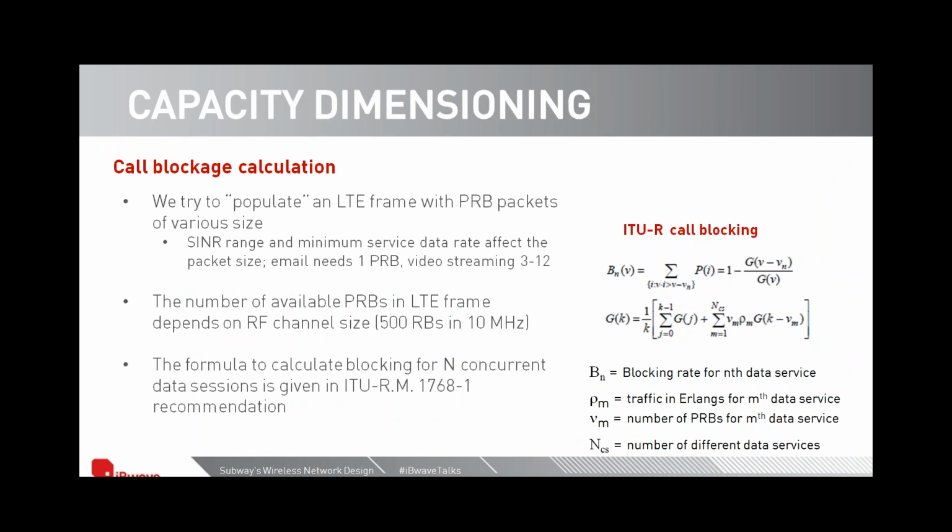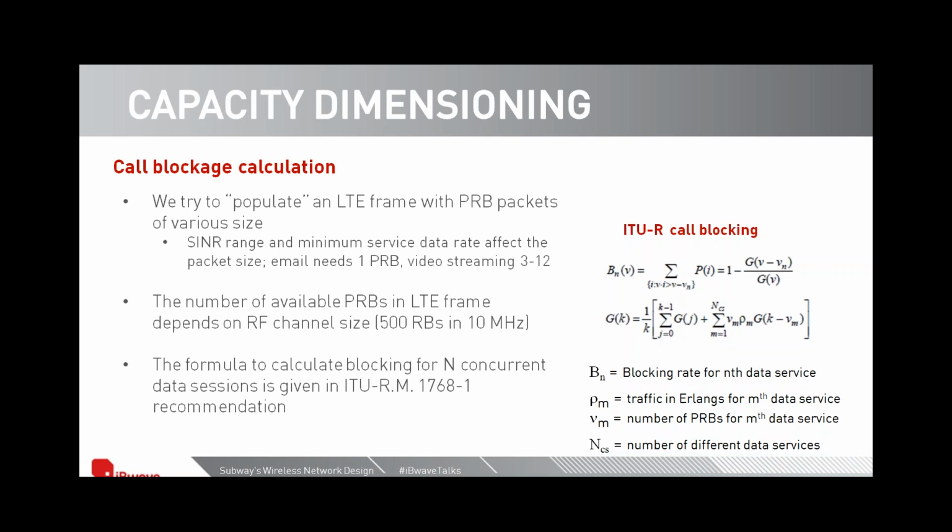The next step is to figure out call blockage for all those services in all the SINR ranges. So how do we do that? Well, we first need to figure out the total number of available trunks, which is the same as the total number of PRBs available to us.